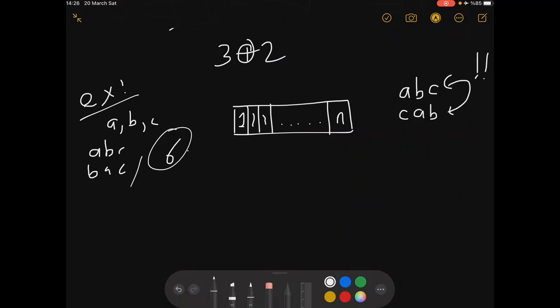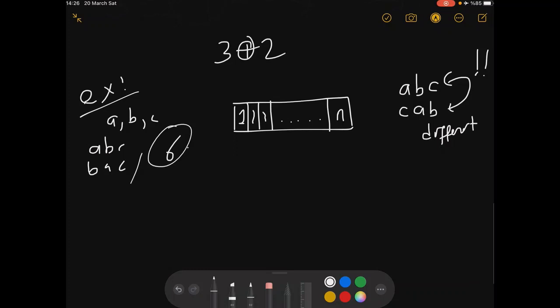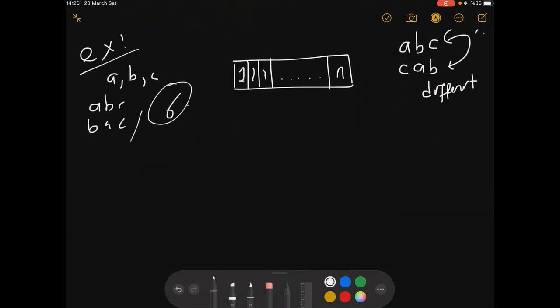Be careful, these are different. Because if it is not different, like you're selecting a team or something, you cannot use permutations here. Then you should go ahead and use combinations, but we will see it later. But here we're talking about the experiments that the orderings are important.